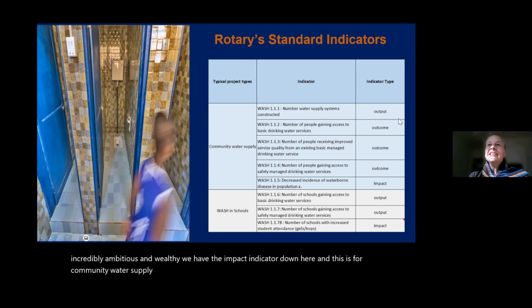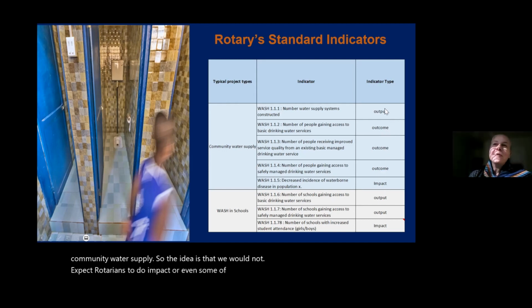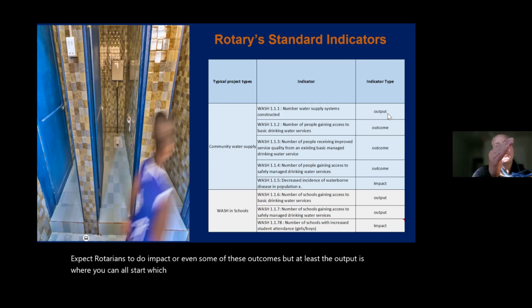So the idea is that we would not expect Rotarians to do impact or even some of these outcomes, but at least the output is where you can all start, which is counting, for example, number of trainings or number of water supply systems.